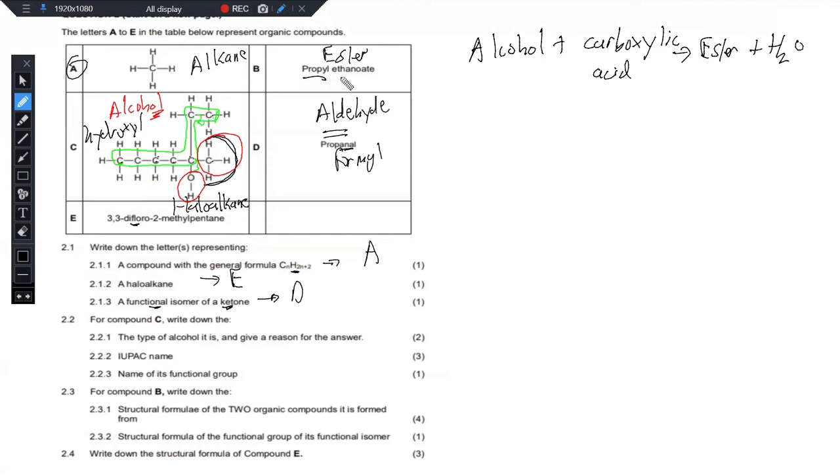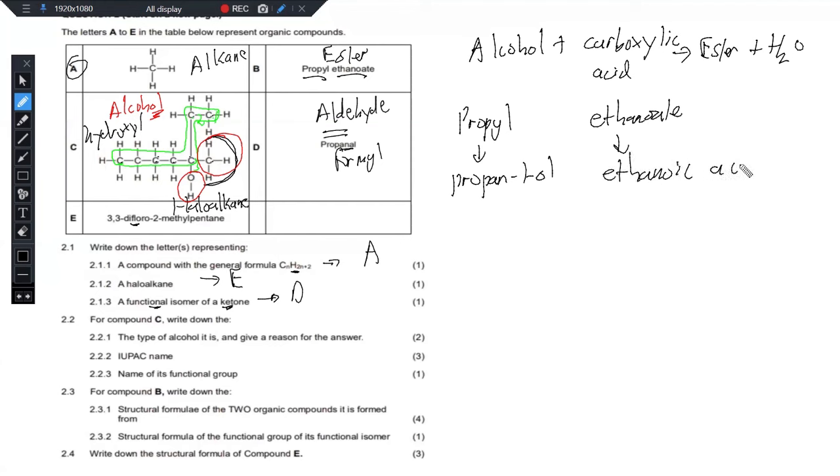But since now we have propyl ethanoate, we know that the propyl here is coming from the propan-1-ol because you must always have a primary alcohol to form an ester. And then the ethanoate here is coming from what? Ethanoic acid. Right. So we have propan-1-ol and ethanoic acid, and these are the two organic compounds.